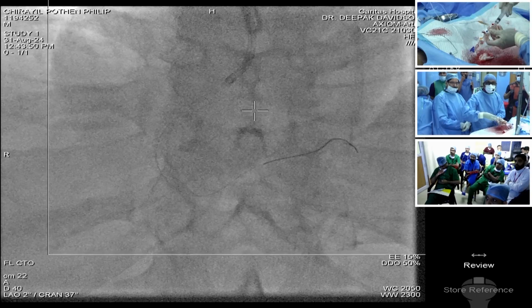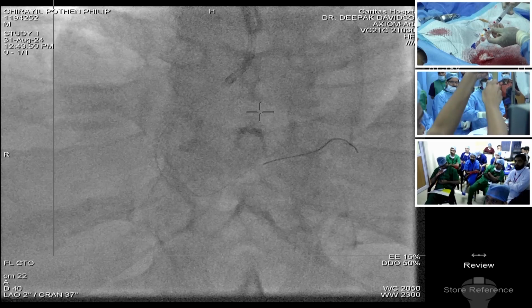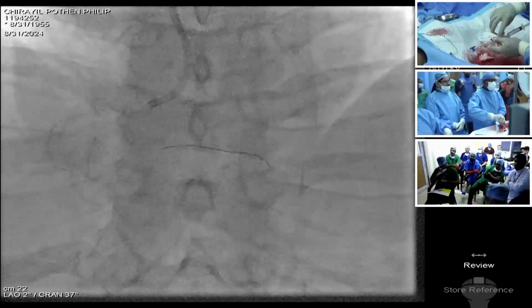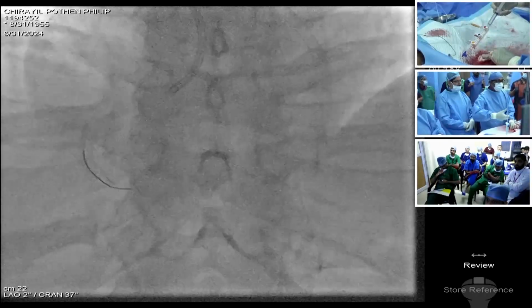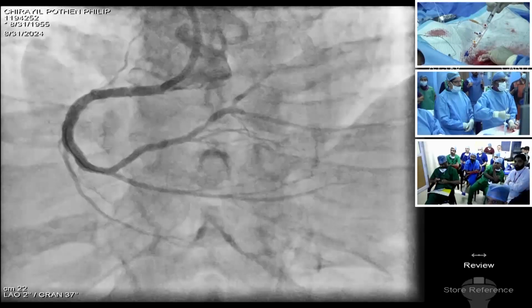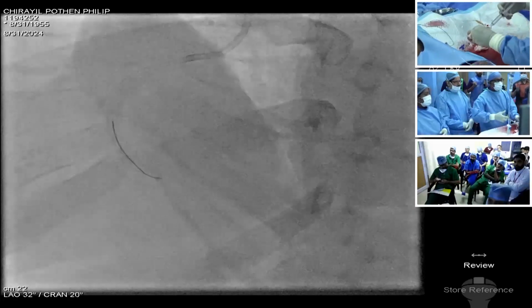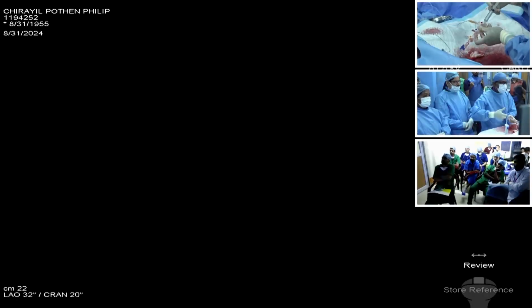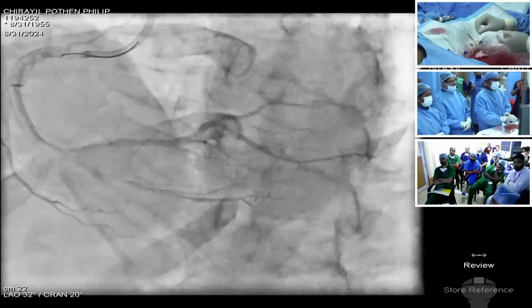Change the contrast. Okay. Hello, cranial. Yes. Sufficient. That's it.